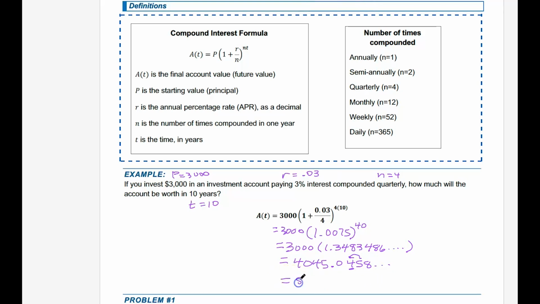So our answer for this, $4,045.05. And that would be your answer. So that's how much money would be in the account after 10 years if it's compounded quarterly at a 3% interest rate, and you started with $3,000 in the account.